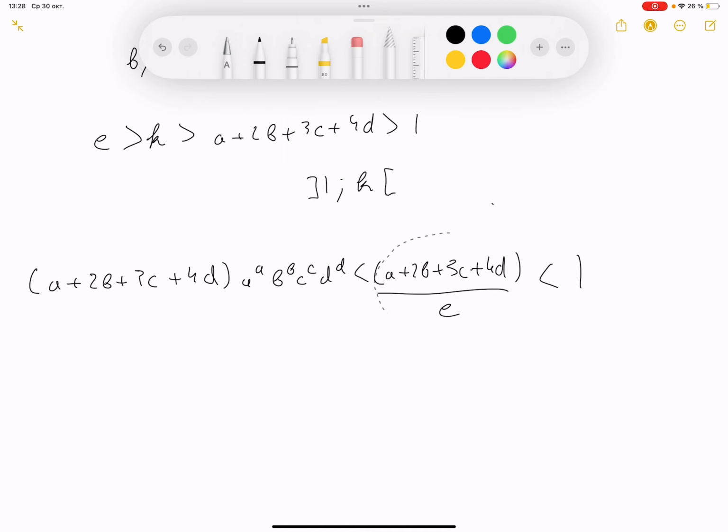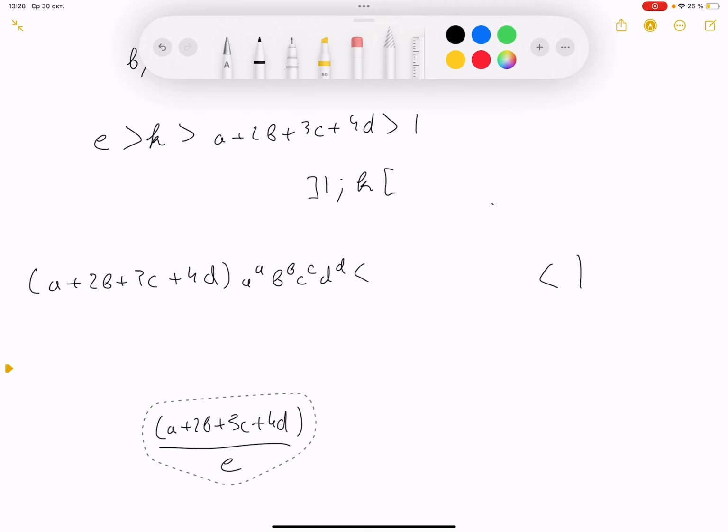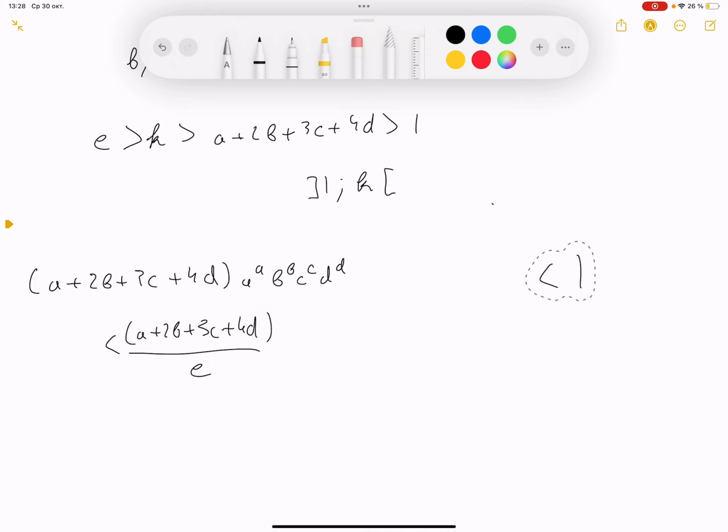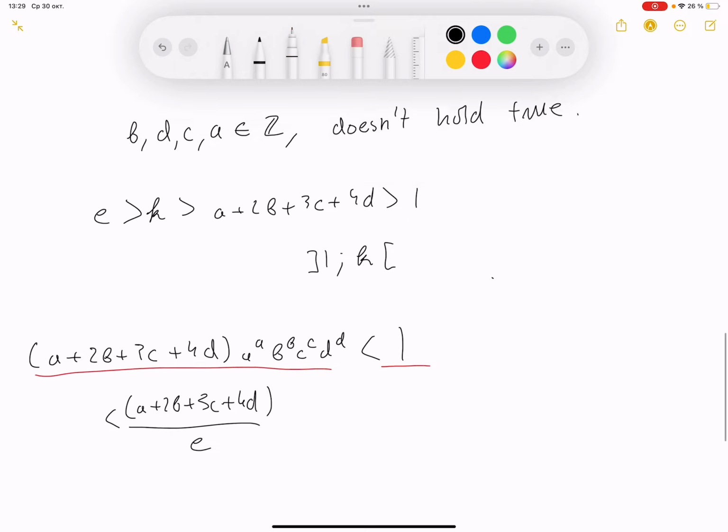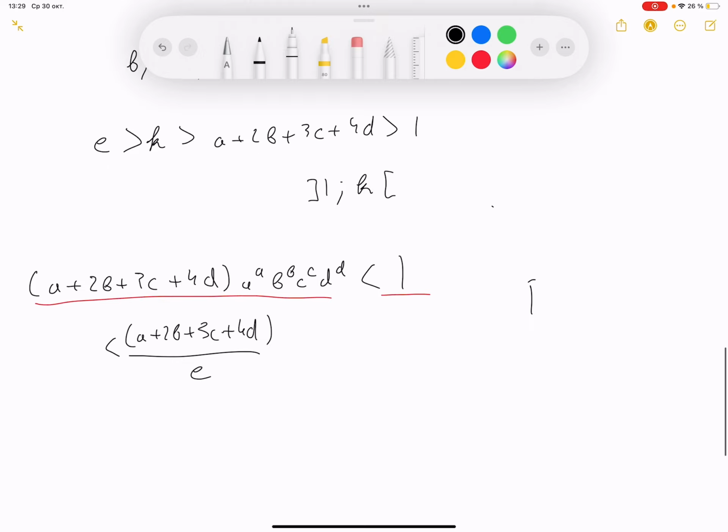Therefore, by just removing this term due to the transitive property of inequalities, we can state that this is smaller than 1 for all positive real numbers a, b, c. Q.E.D. Quod erat demonstrandum.